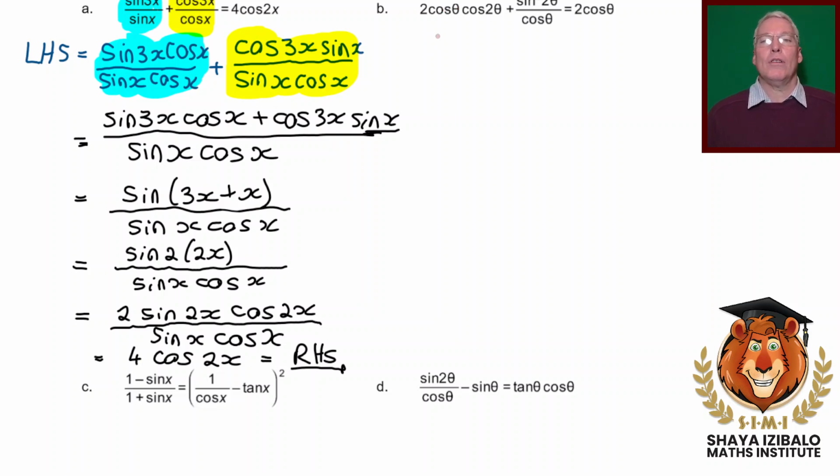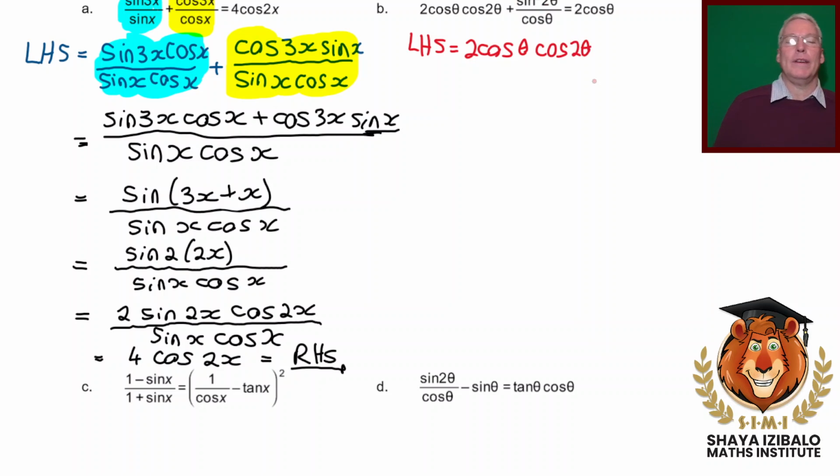We've got 2 cos theta over here, and we've got a 2 cos theta over there. So let's just have a look. Left hand side equals 2 cos theta. I'm going to leave that as it is for now. And we've got cos 2 theta. I'm also going to leave that as it is for now. Then we've got sine squared of 2 theta.